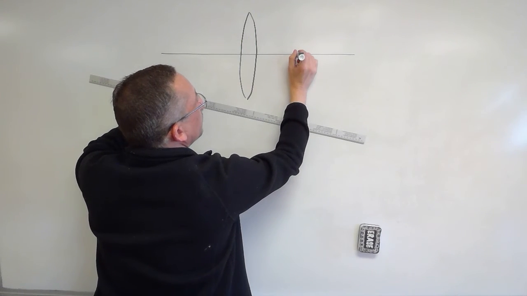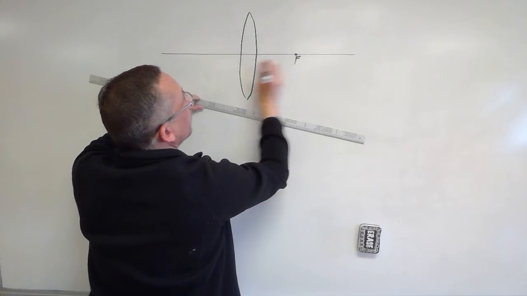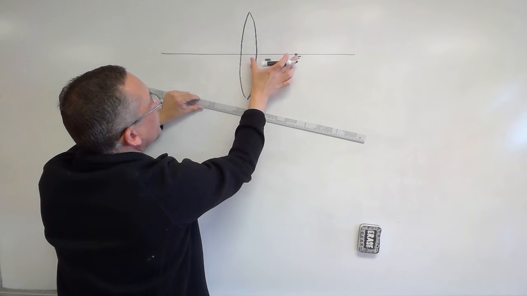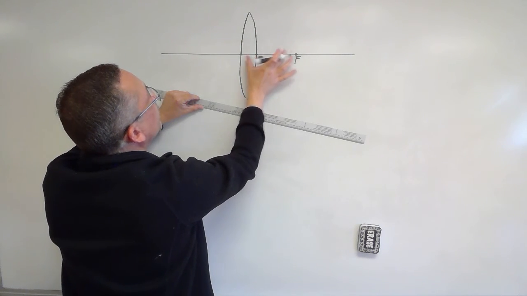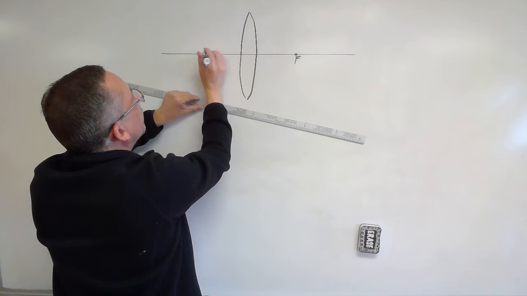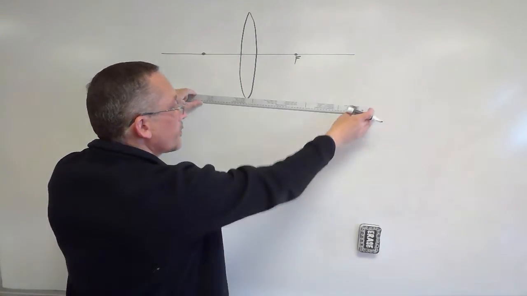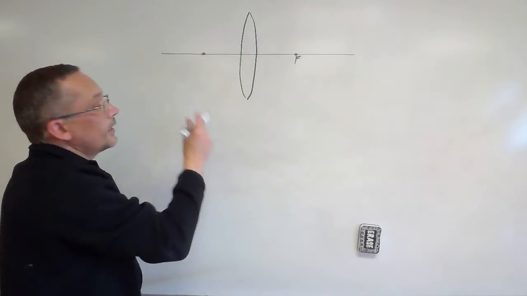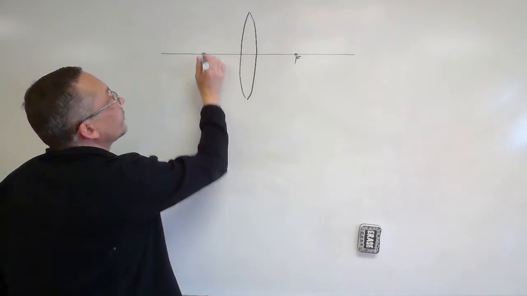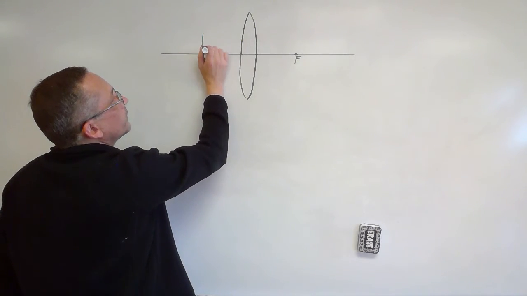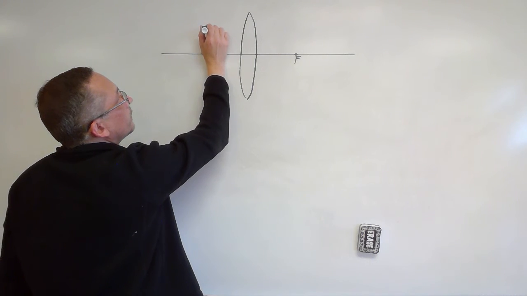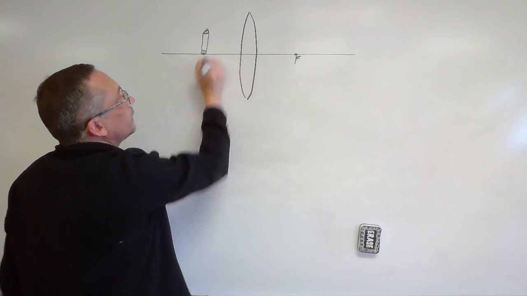Let's see, here is a focal point, and it's exactly the same distance on the other side. Okay, let's draw an object exactly on the focal point. So here's an object exactly on the focal point.